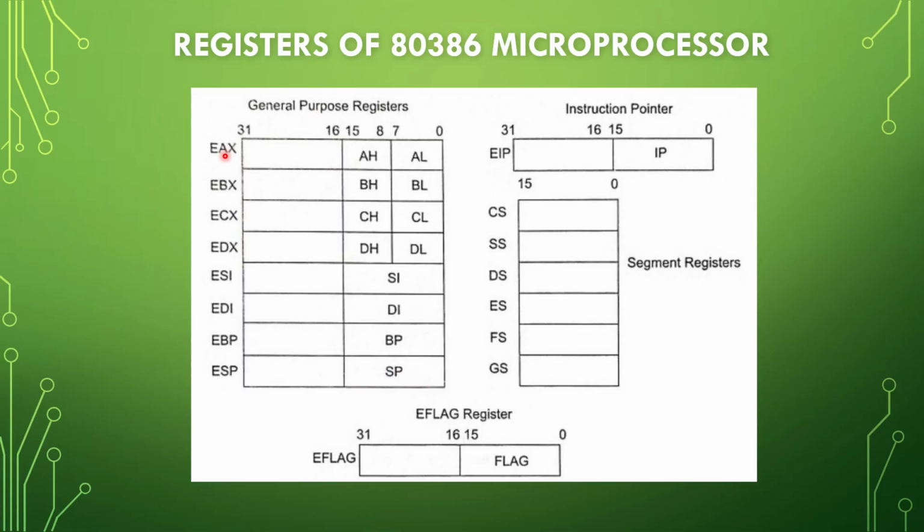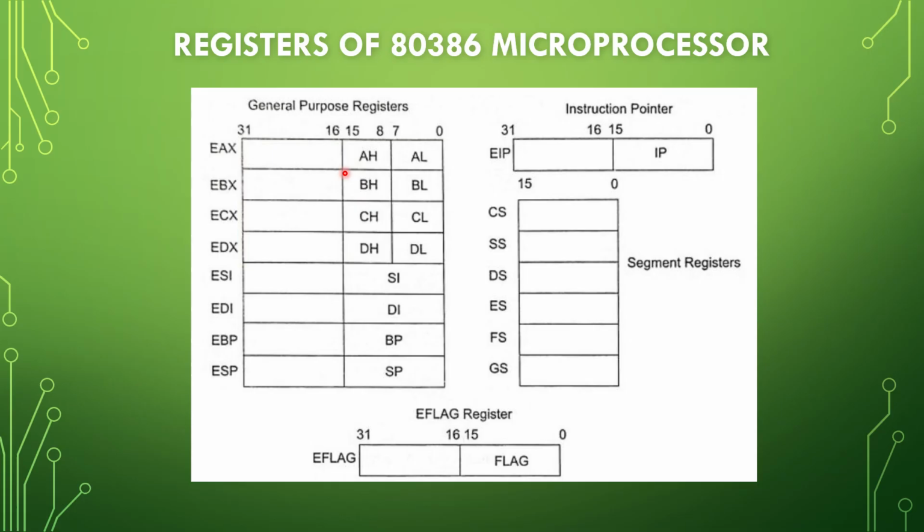And you know that here it is shown as EAX everywhere, with the prefix E. That means the 16-bit register can be extended to 32-bit. That is why we call them extended AX, extended BX, extended CX and so on. Understood? These are the major general purpose registers that are available for us.